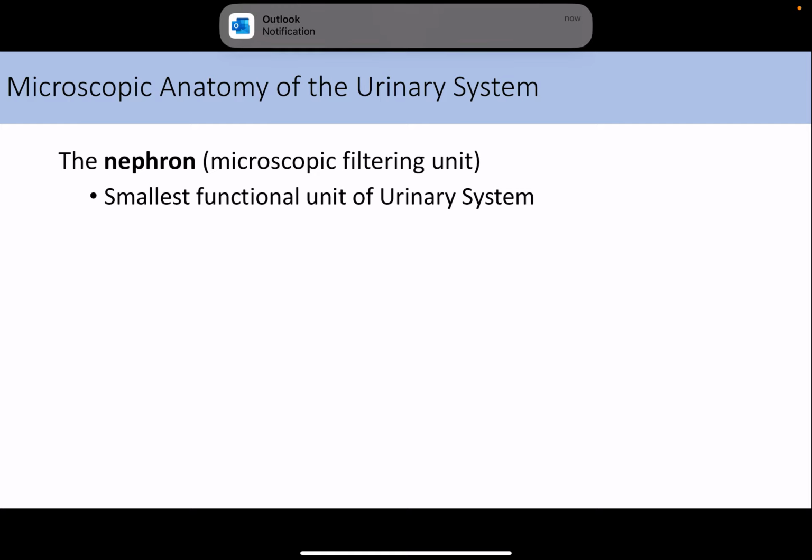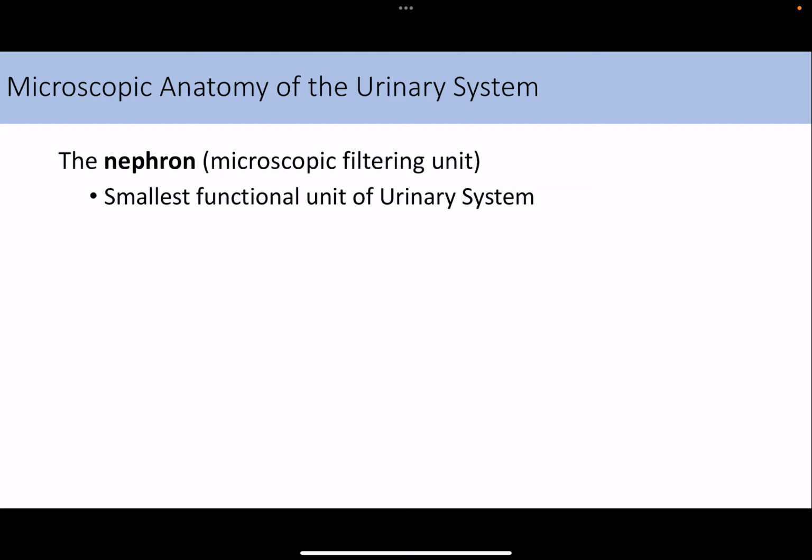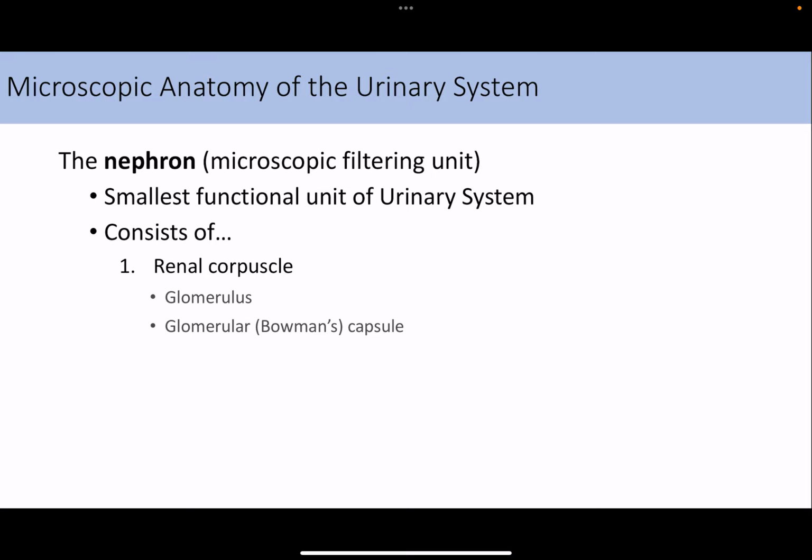What is your smallest functional unit of the nervous system? Neuron. Okay, just asking. All right, the nephron consists of the renal corpuscle, which within itself includes the glomerulus. And remember, if it's plural, we call it glomeruli.